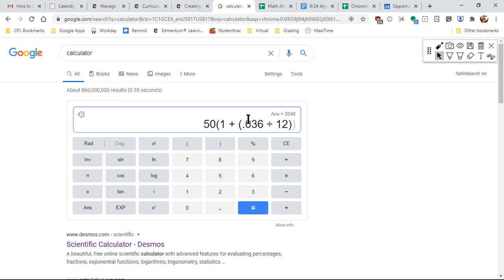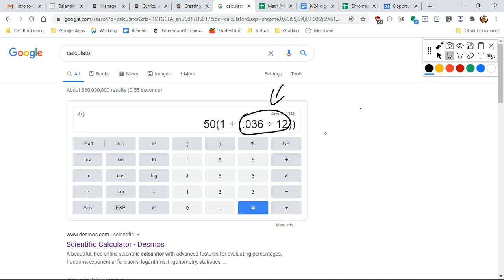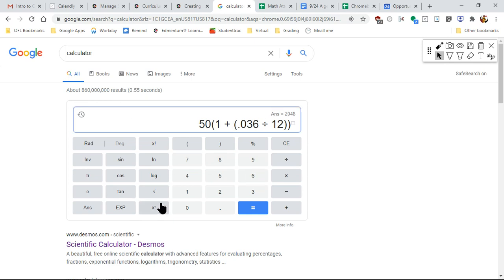And now we need a power after this parentheses. Calculators are stupid, guys. A lot of people put a lot of faith in calculators, but they're dumb. I have to put parentheses to tell the calculator, look, this is a fraction. I know you're too dumb to know that it's a fraction, and we're putting a plus sign here. And now I can finally put my exponent, which is going to be 12.